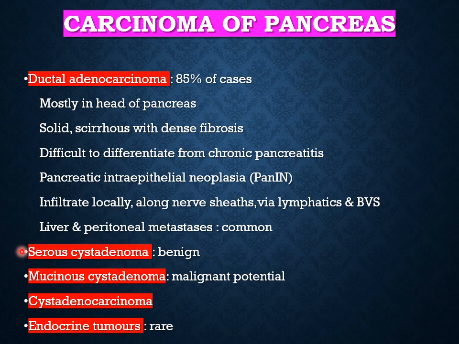Usually they are benign, but they can grow to a big size and cause pressure symptoms, whereas mucinous cystadenomas have a malignant potential. In the long run, they can become malignant.